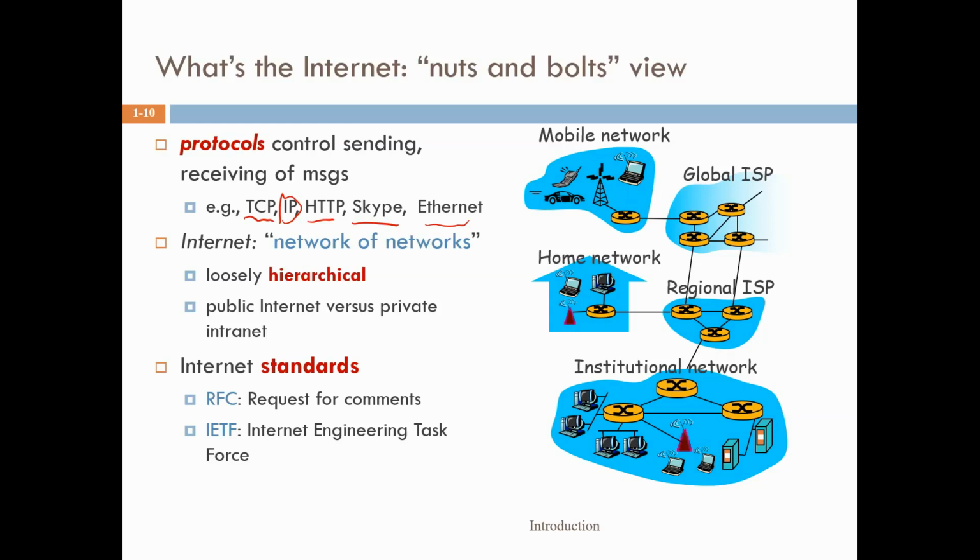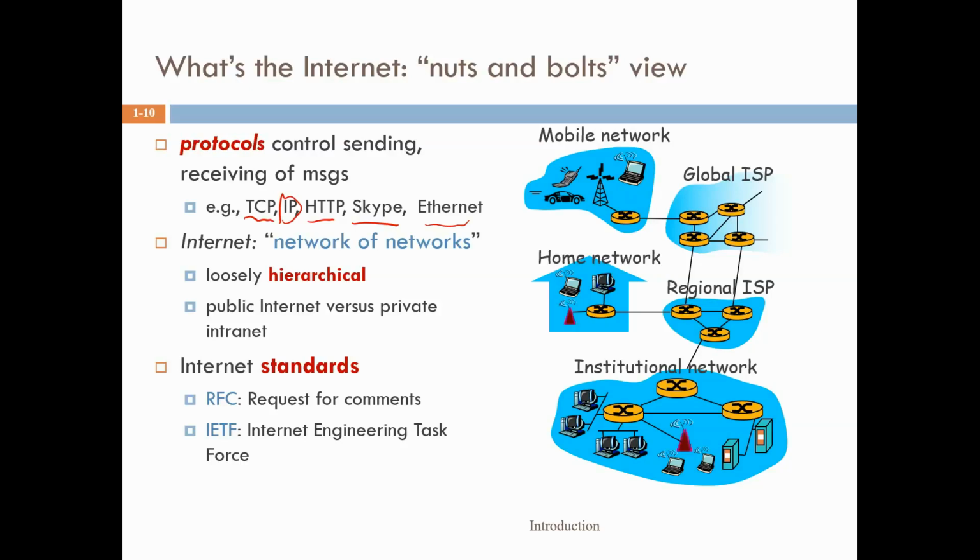Together, all these functionalities make the machines understand each other and deliver data to each other. These protocols are not just out there; they are organized into layers, which we call the protocol stack. This is going to be the focus of the course, something that we will discuss in the next lecture.